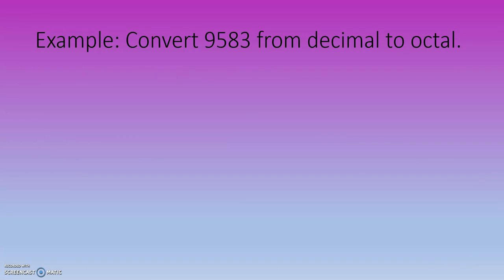Convert 9,583 from decimal to octal. Please remember octal means 8, so we're going to be dividing by 8. Doing my long division to the left. 8 divides into 9 one time.